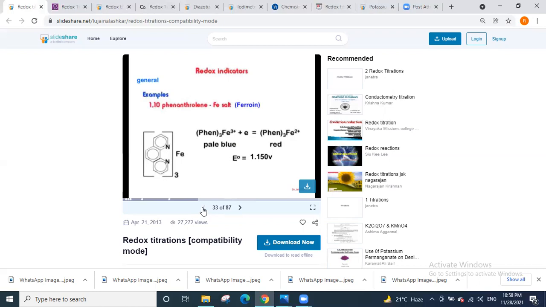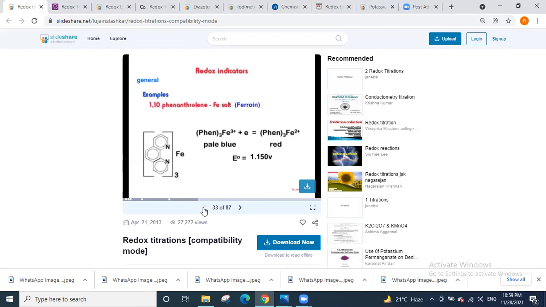They have different colors in oxidized or reduced form. The choice of the internal indicator is very important. Which internal indicator we use, we will discuss a little later. First, we discuss all about the indicators.